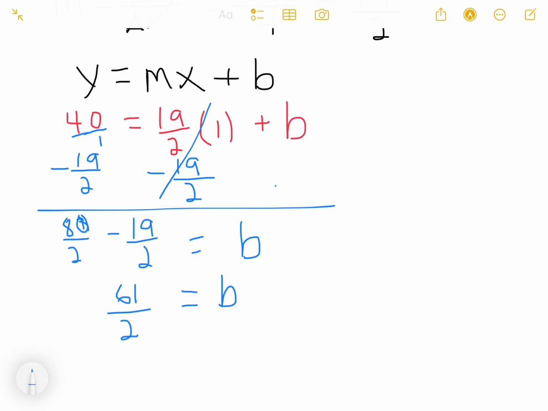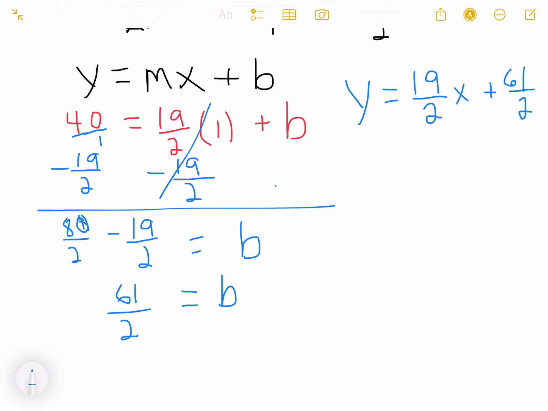Okay, so if I rewrite the equation of my line, I would say that y is equal to 19 over 2 x, plus 61 over 2. So that means my temperature is increasing 9.5 degrees per month starting in January.